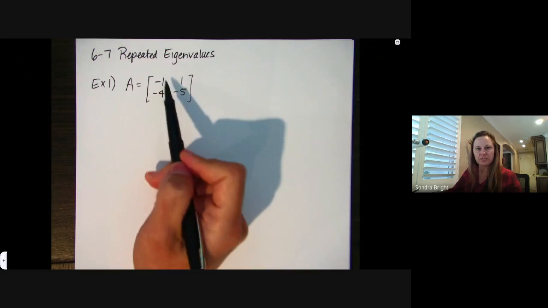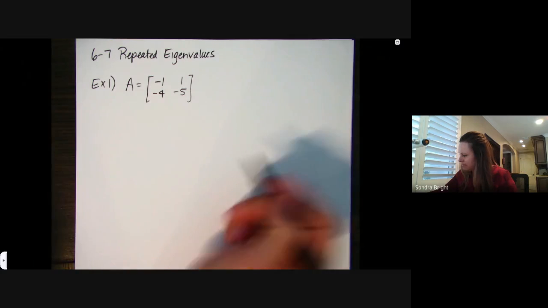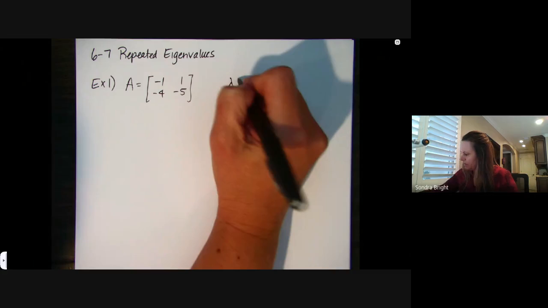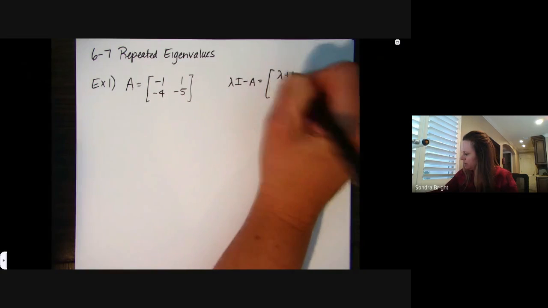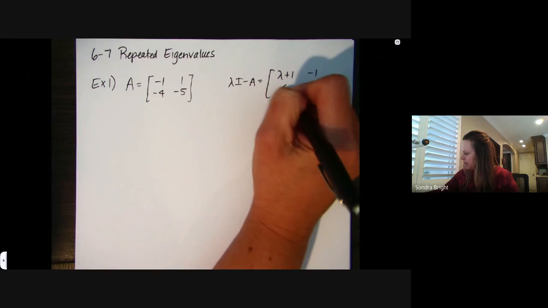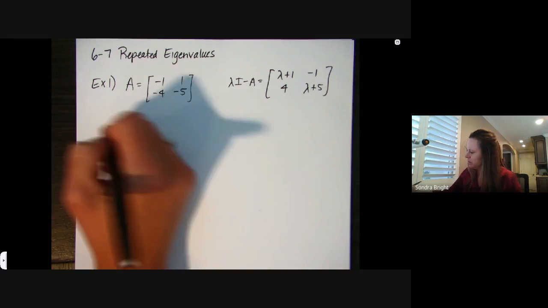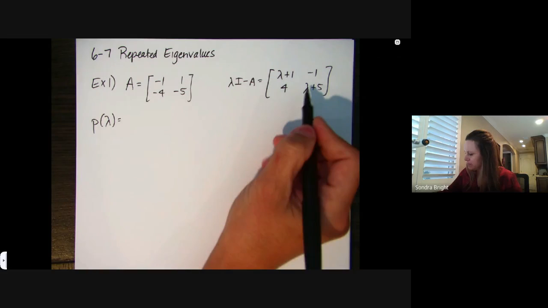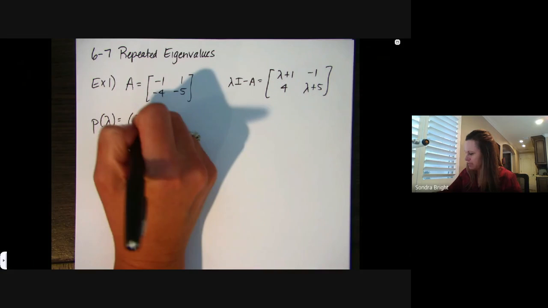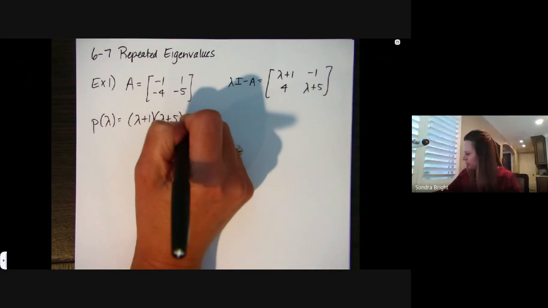Then your first step is to find lambda I minus A, which is lambda plus 1, a negative 1, a positive 4, and a lambda plus 5. And then our characteristic polynomial would be the determinant of this matrix. So it'll be lambda plus 1 times lambda plus 5 minus a negative 4.